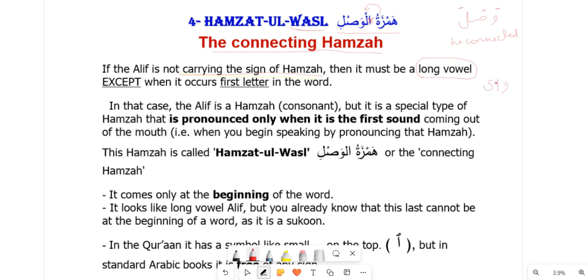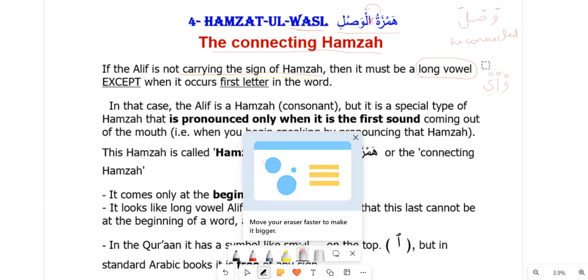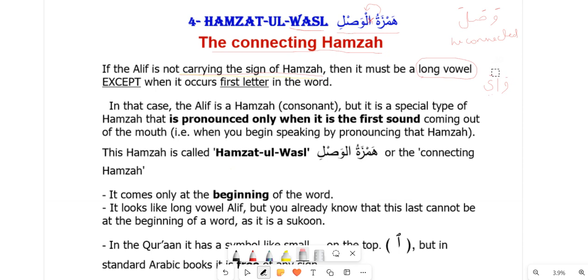If these letters don't have any harakas over them, know that they are long vowels. It is considered that these long vowels have sukoon over them, but we don't write it. We just leave them as they are. It is the rule that long vowels don't carry any haraka. We will just think in our mind that there is a sukoon above these long vowels.